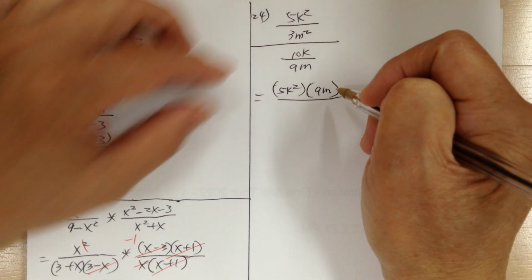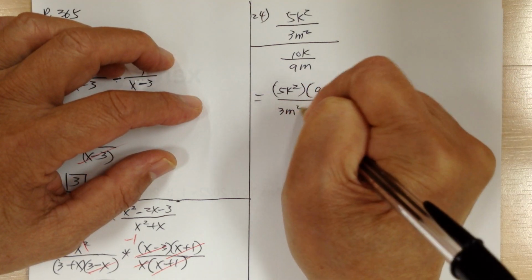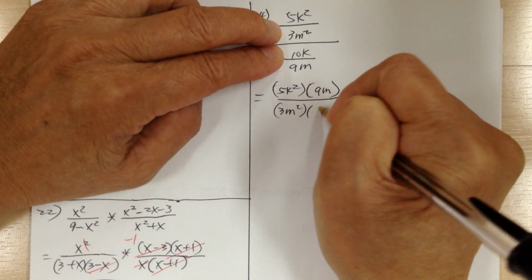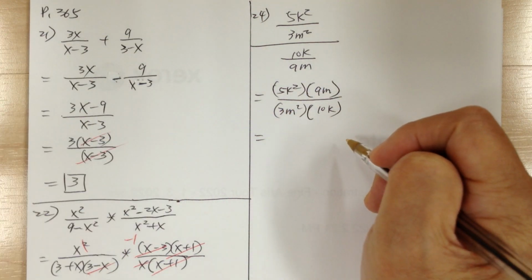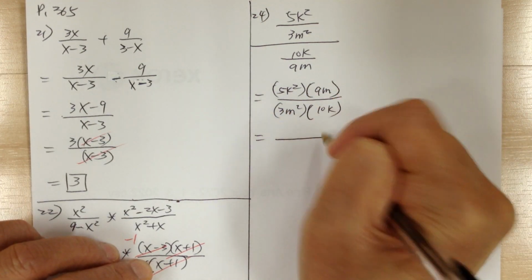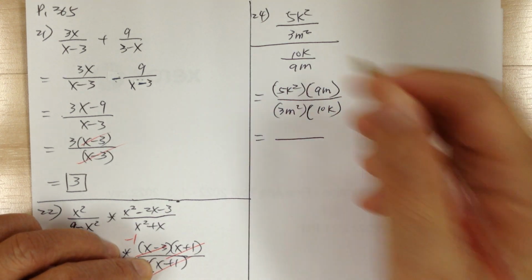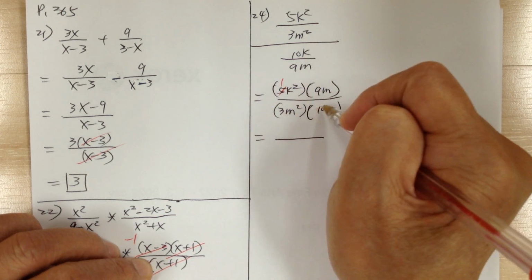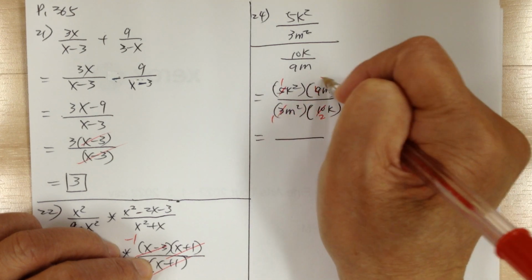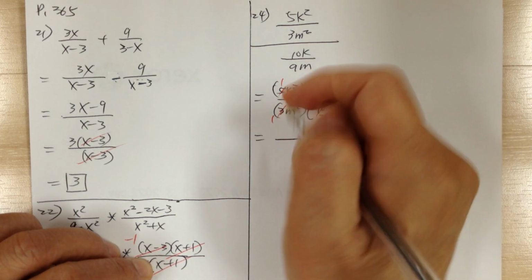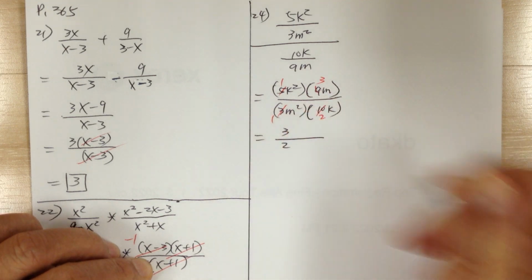The outside over the inside would be 3m squared and 10k. Now let's cancel things out. 5 and 10 I can cancel, I get 1 and 2. 3 and 9 I can cancel by 3, so 1 and 3. Before I forget, I'm going to write down my numbers, so 3 over 2.